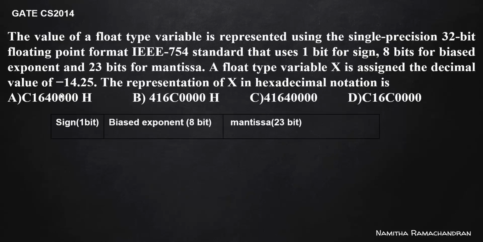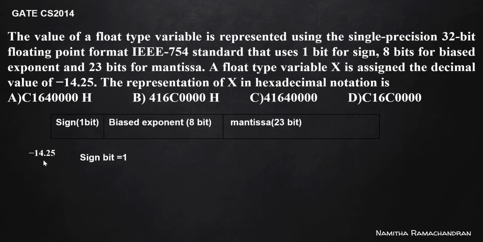Consider the general syntax of our single precision representation: single bit sign, 8-bit biased exponent field, 23-bit mantissa field. The given number is minus 14.25. We need to convert this into its binary equivalent first. The sign is negative, so the sign bit must be 1.